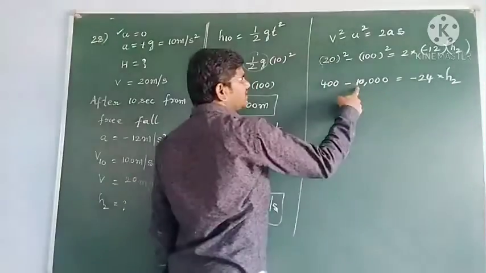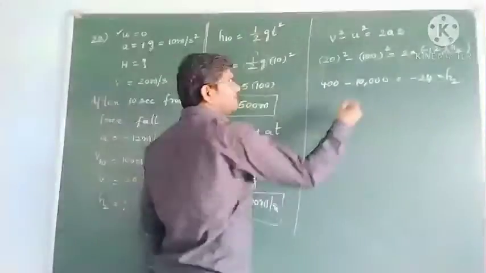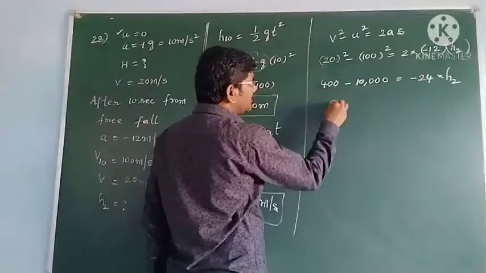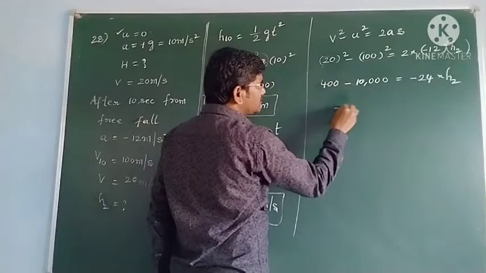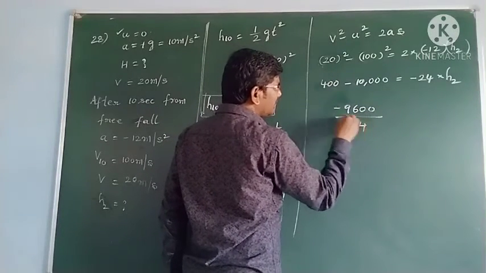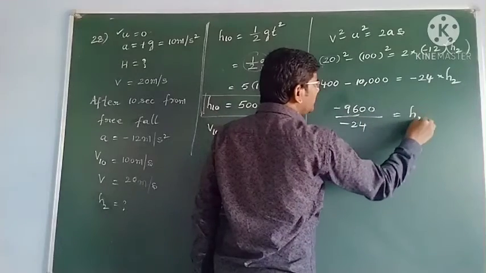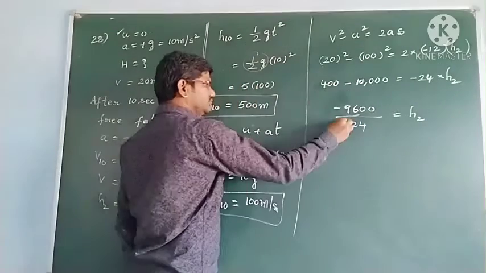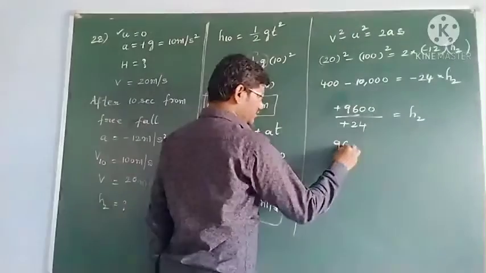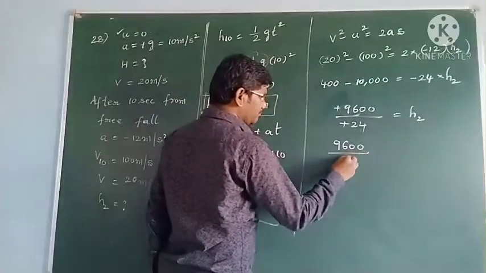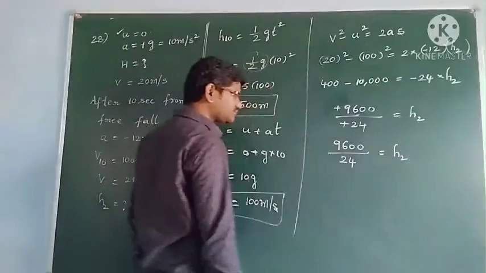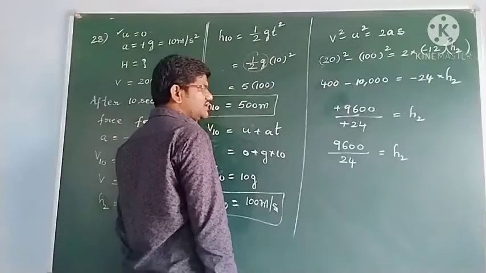So then this is 10,000 minus 400, which means 9,600. So 9,600 by minus 24 is equal to h2. Then minus of minus will become plus. So 9,600 by 24 is equal to h2. Okay students.